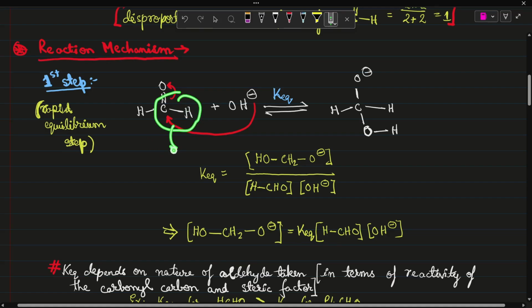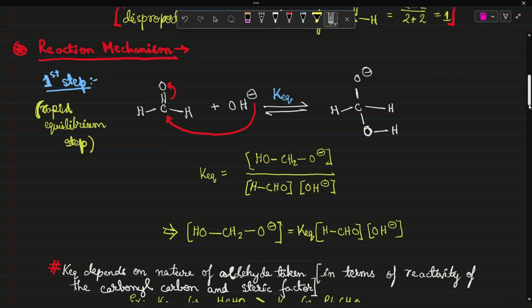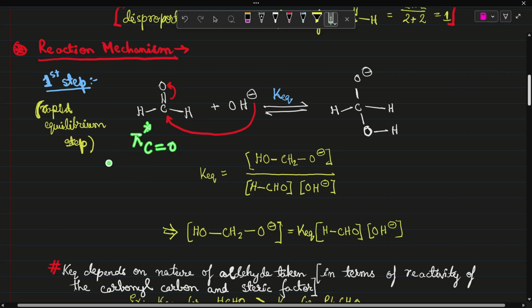The CH bond becomes weaker, and the energy of the sigma CH orbital increases, which leads to a much faster attack on the pi antibonding orbital of the C double bond O.